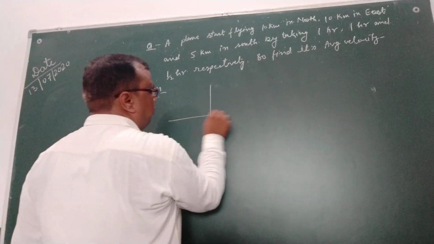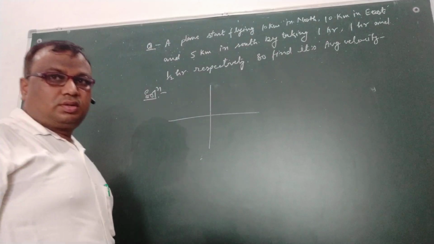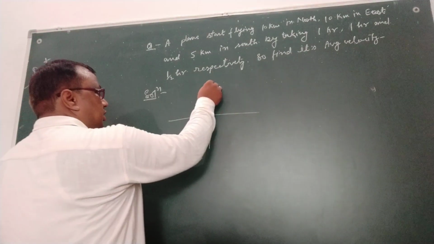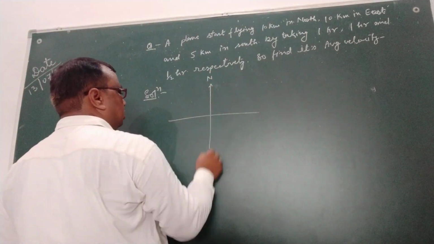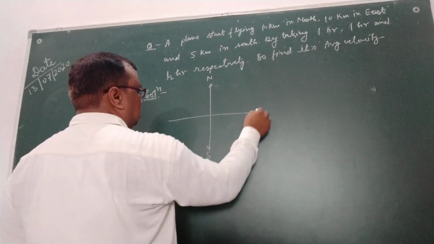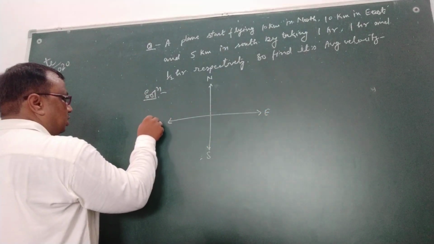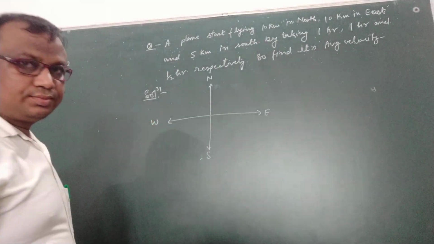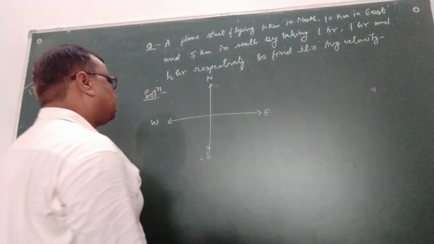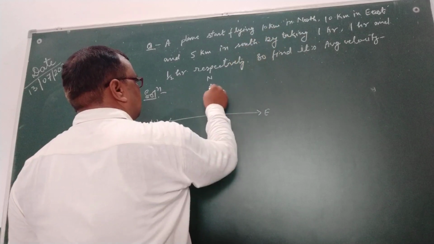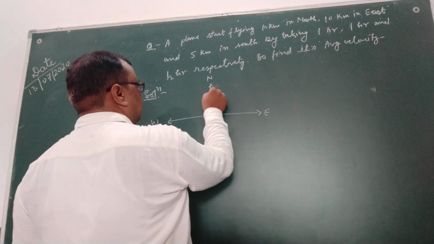First of all, we have to draw direction. As we know, it is north, it is south, right of it is east and left is west. First of all, it starts 10 km.